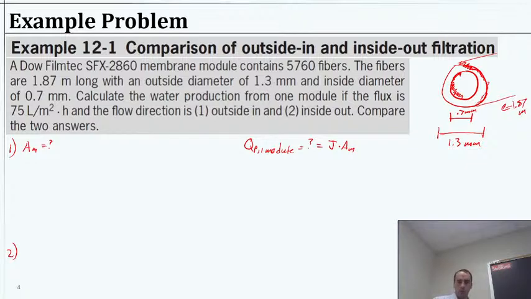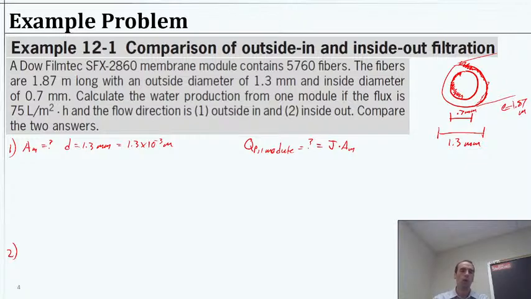Okay, so number 1 says outside in, so that means the diameter we're going to use is going to be 1.3 millimeters, or 1.3 times 10 to the minus third meters. So the area should be 2 pi r times the length, right? That'll give us the circumference of the circle, and then multiply it by the length of the system.